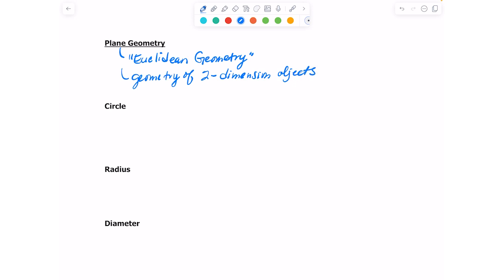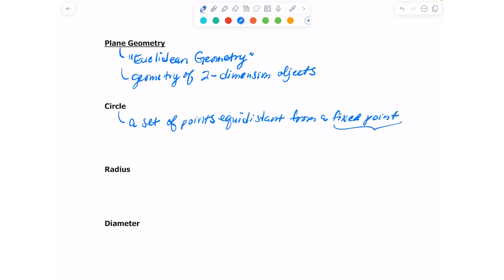One of those two-dimensional objects we're going to look at is a circle. So what is a circle? We just constructed one, but it's also a set of points equidistant from a fixed point, and that fixed point is called the center of the circle.